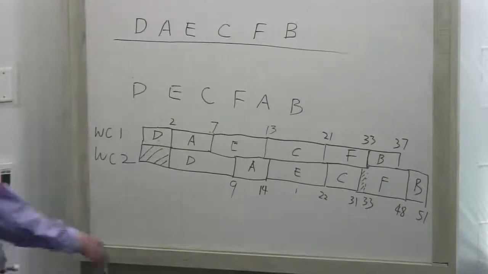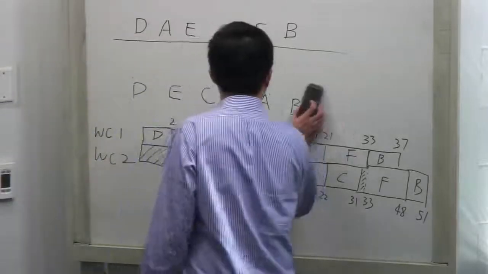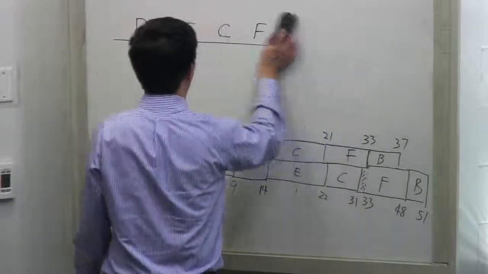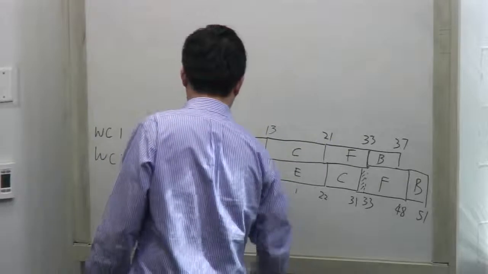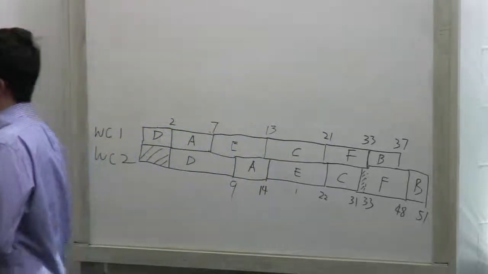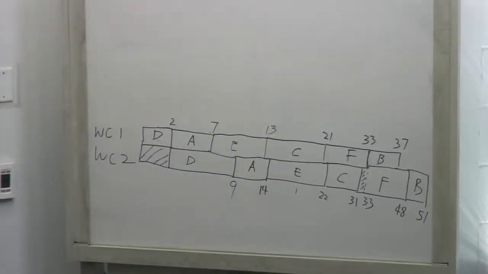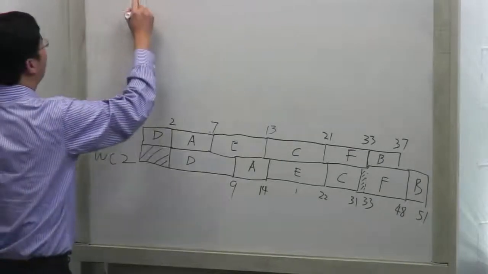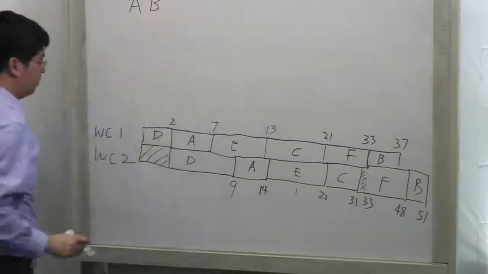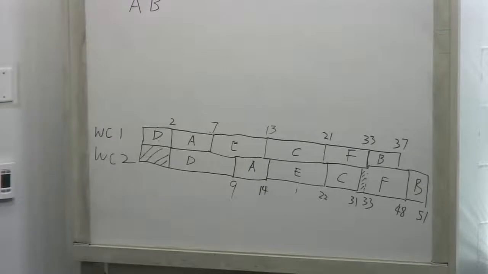Let me explain why. There's no method to identify an optimal sequence. Think about that. If we only have 2 jobs, how many total possible sequences are there?